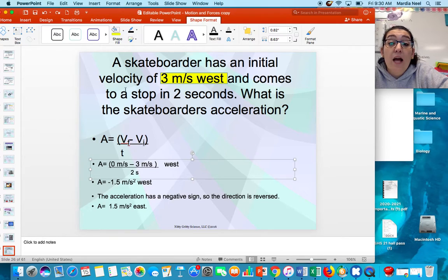He came to a stop, so his final velocity is 0 meters per second, and our time is 2 seconds. When we do our math, we get negative 1.5 meters per second west. So that means he's slowing down. That's right. He's slowing down.